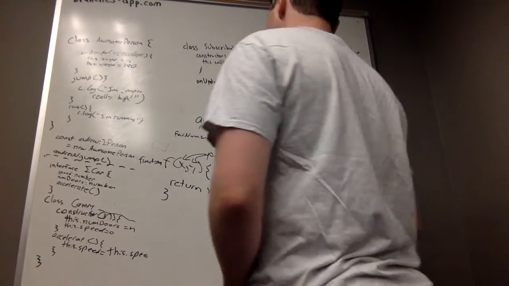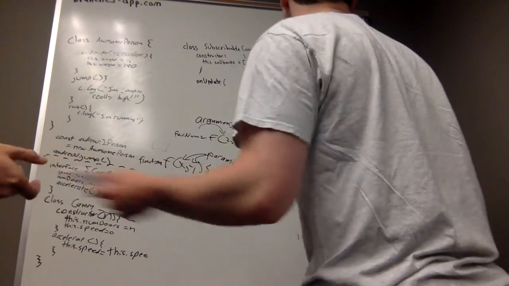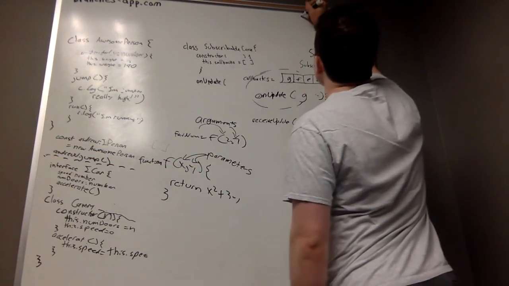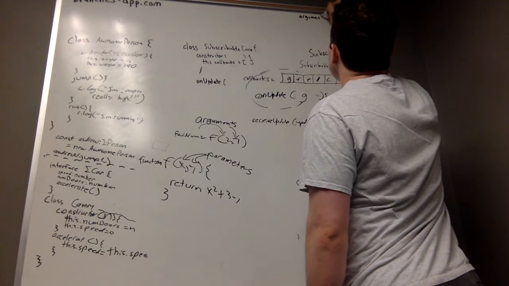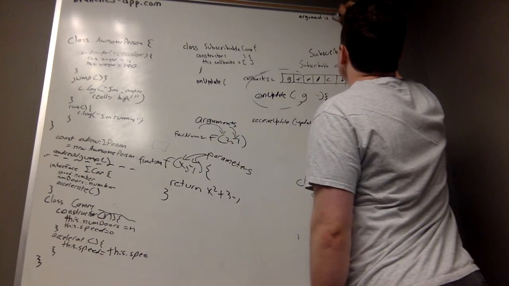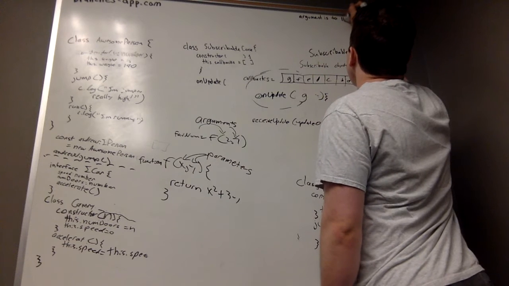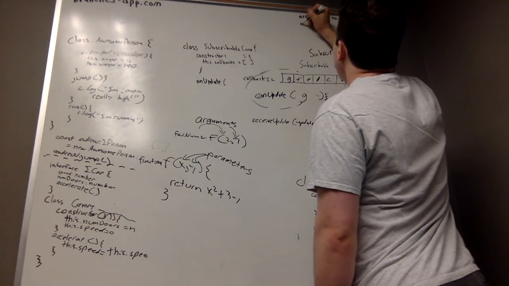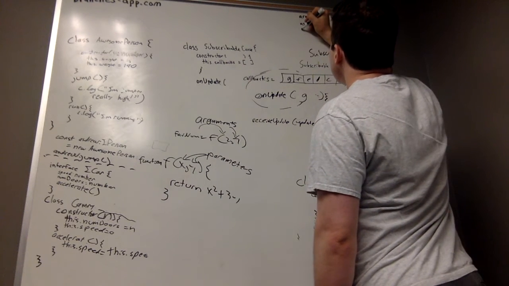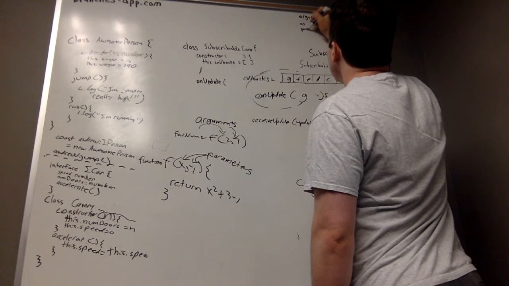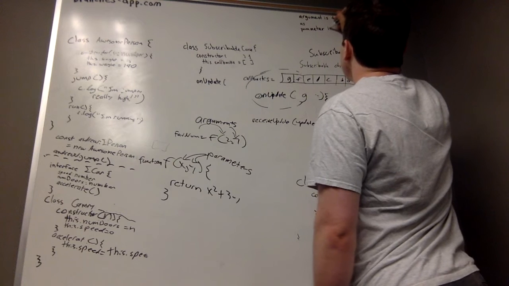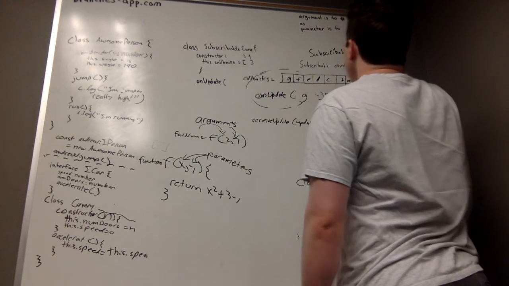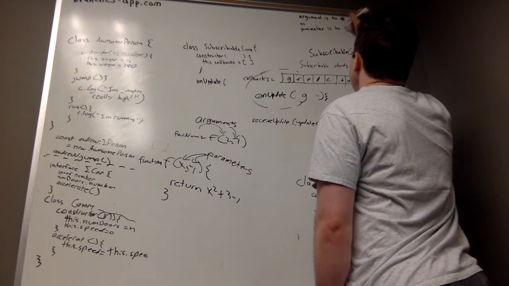Cool. Okay, so wait, let me write that down so I remember. An argument is to number as parameter is to variable.